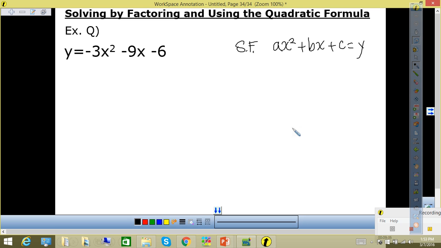If I match this with this equation, I'm going to start by switching the y to the other side, so it will be y equals. What's next? Ax squared plus bx plus c. Does everybody see that?